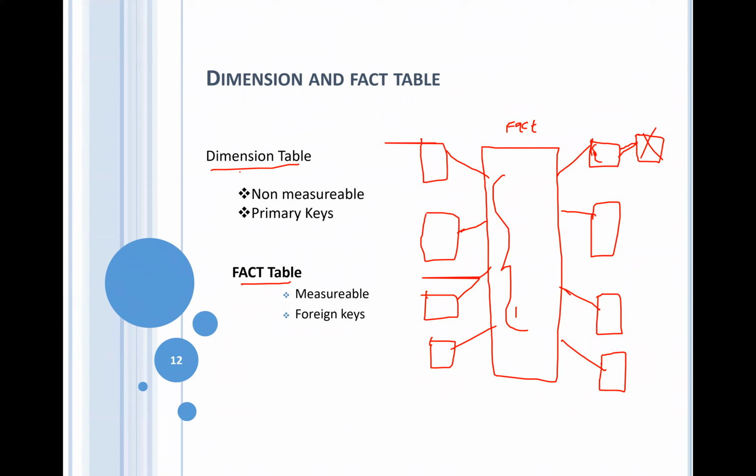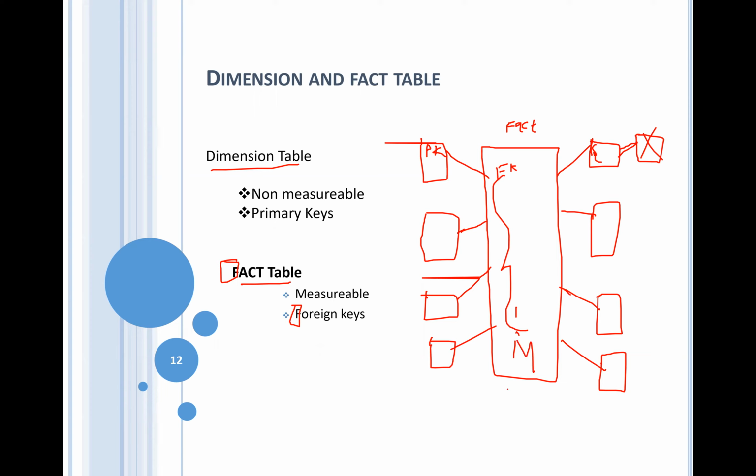Always remember the fact table: the fact table will have foreign keys. This dimension table will have a primary key, so these primary keys are kept in the fact table. So the fact table always has foreign keys and measures.